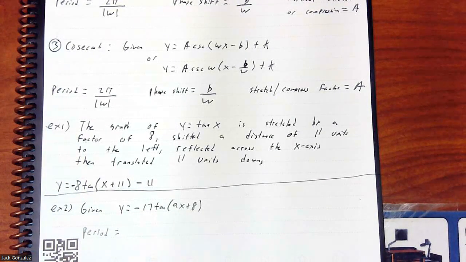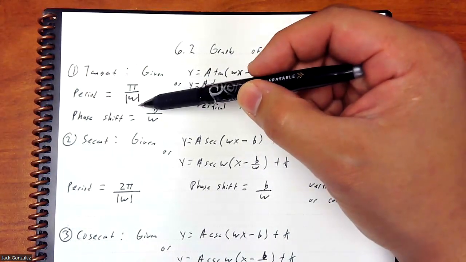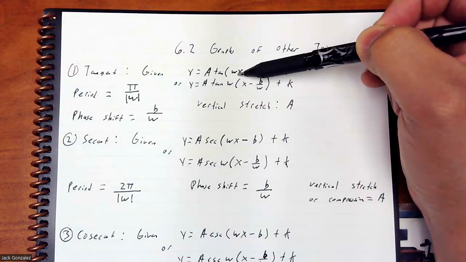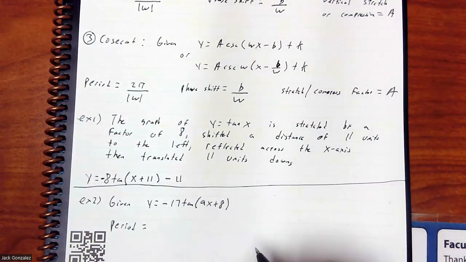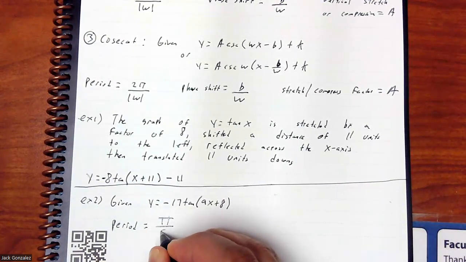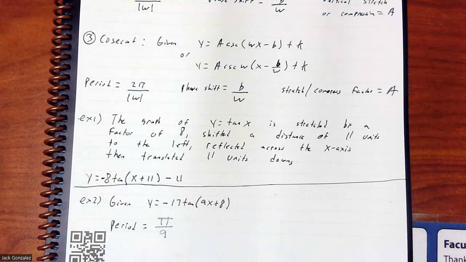Or the tangent? Right? We said period is pi over the absolute value of omega. So it's gonna have a pi on it for sure. Divide by whatever is on the x. So what is it? Yeah, it's gonna be pi over 9. This will always be positive. Okay. You should not have a negative period.